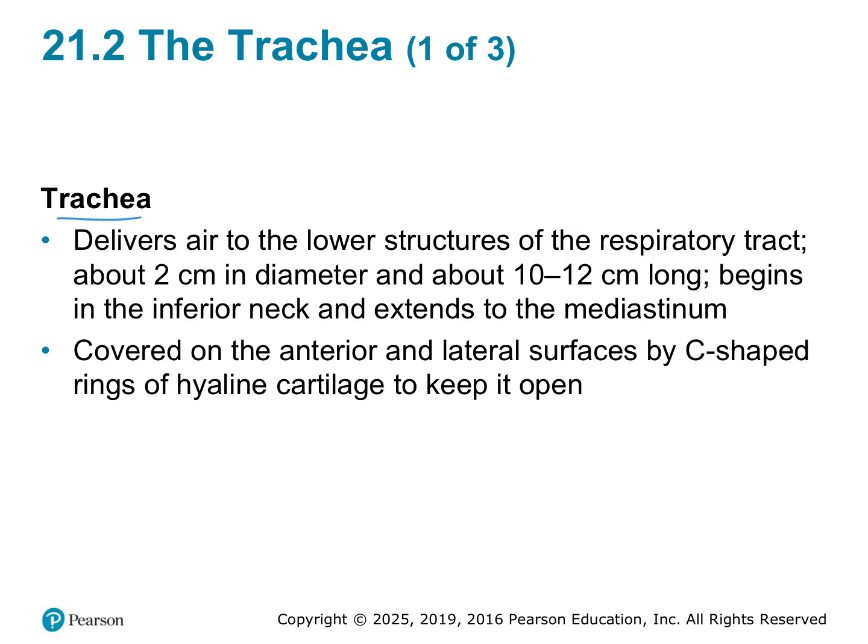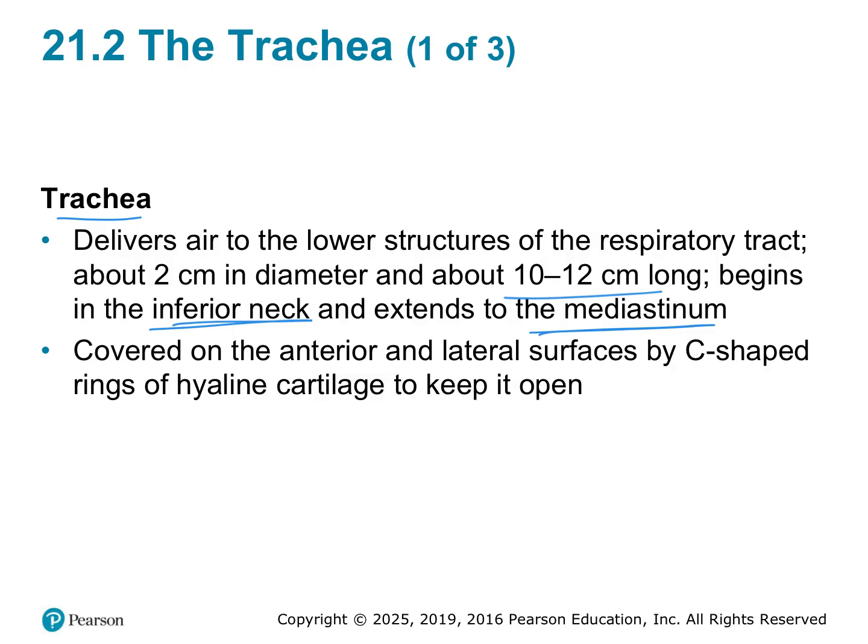From the larynx, air is going to flow into the trachea. So this is going to deliver air to our lower structures of the respiratory tract. And it's about 10 to 12 centimeters long, it's inferior to the neck, and it's going to extend to the mediastinum region, and then it'll branch. And when it branches, we start forming the bronchial tree.